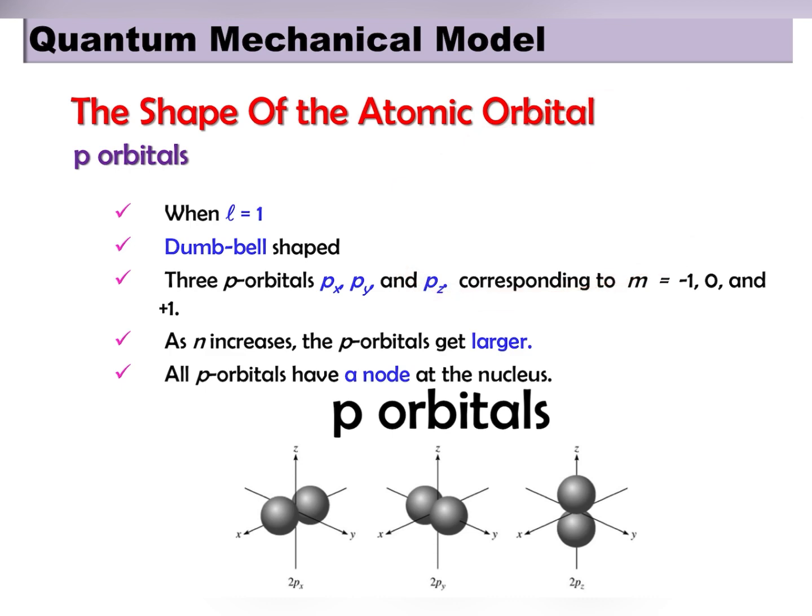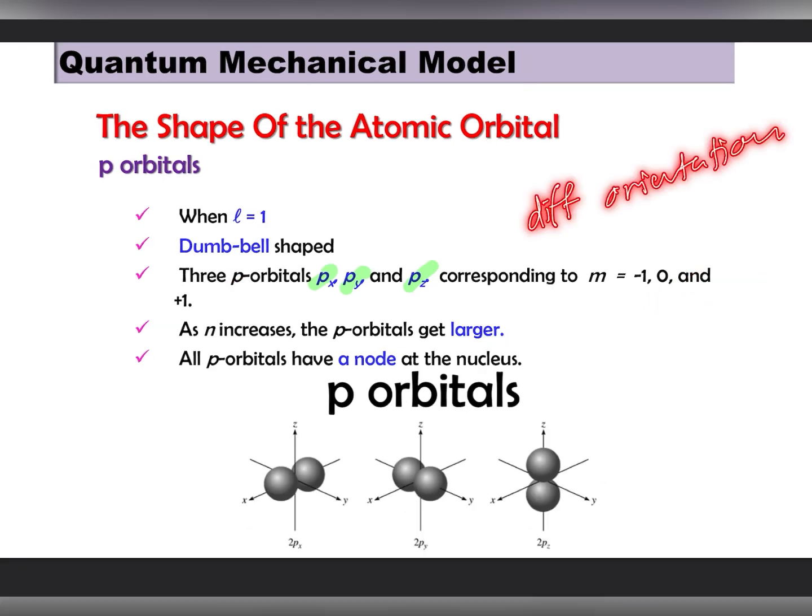So means for P orbital you can have PX, PY and also PZ correspond to M equals to -1, 0 and also +1. So setiap satu tu mewakili different orientation in space in 3 dimension.